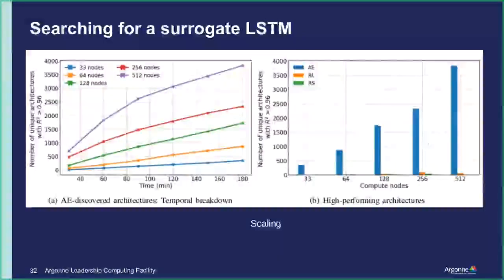And when we compare this scaling with the reinforcement learning and the random search, you can see as we increase the number of compute nodes, the evolutionary algorithm is able to discover more unique architectures as we go forward. So this was a bit about the methodology.